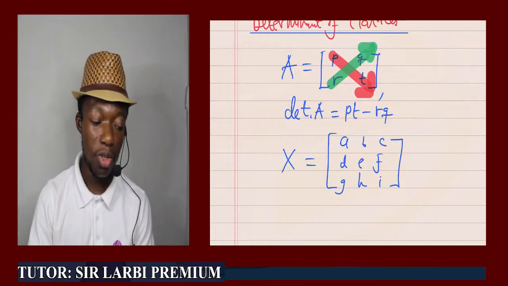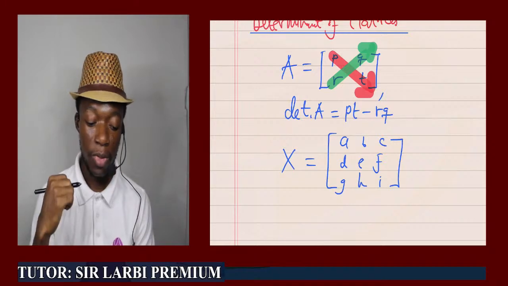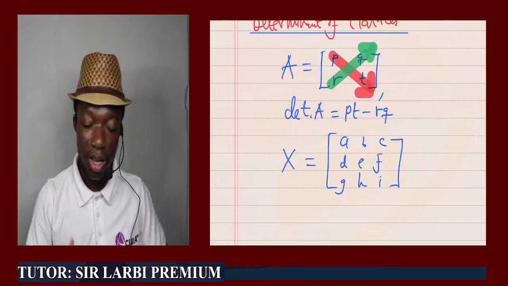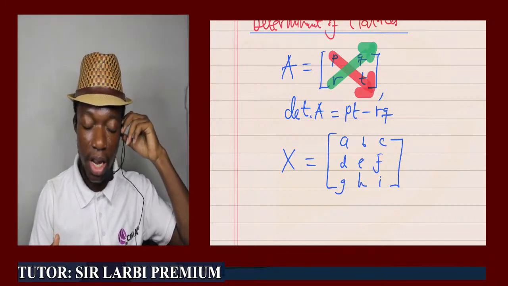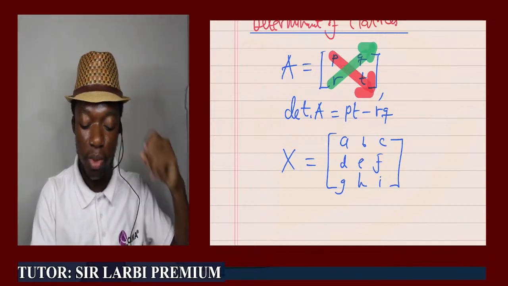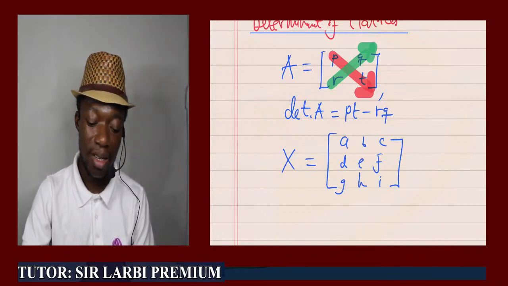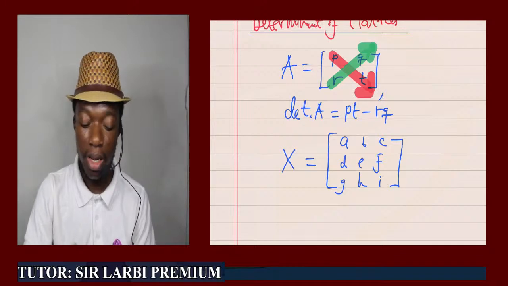When it comes to the determinant of the 3 by 3 matrix, all I want to do, as the alternative method, is to repeat the first two columns of the matrix to extend the original matrix.